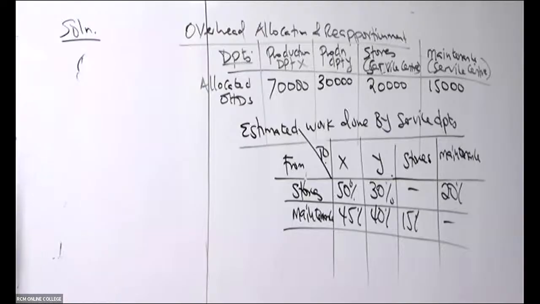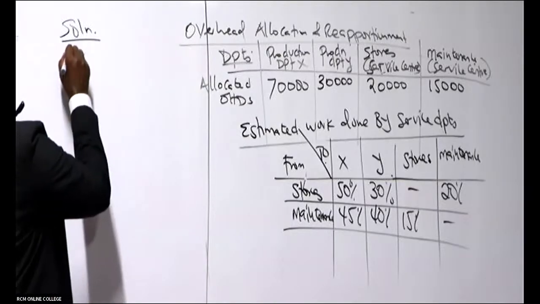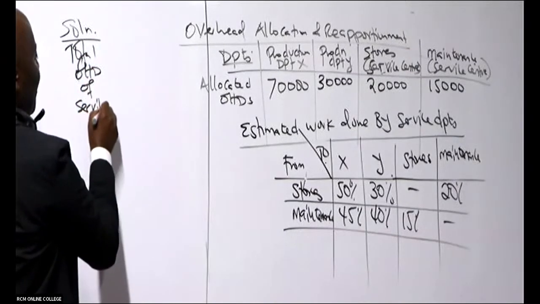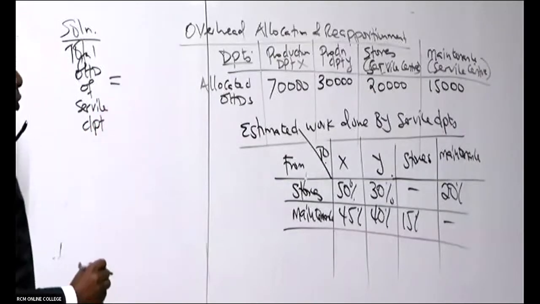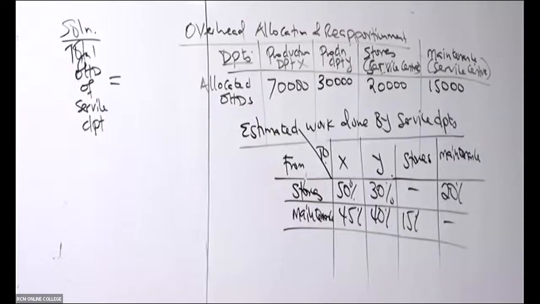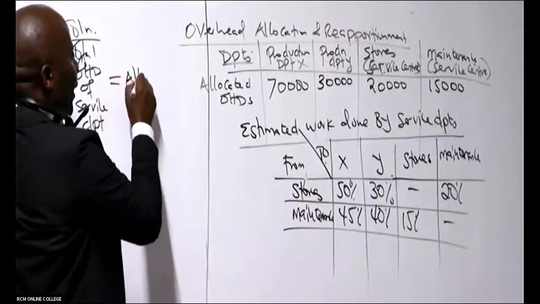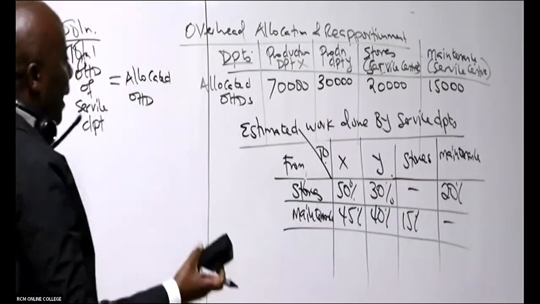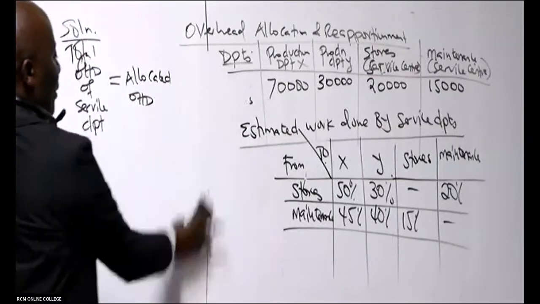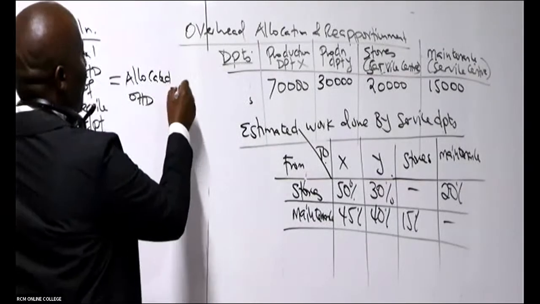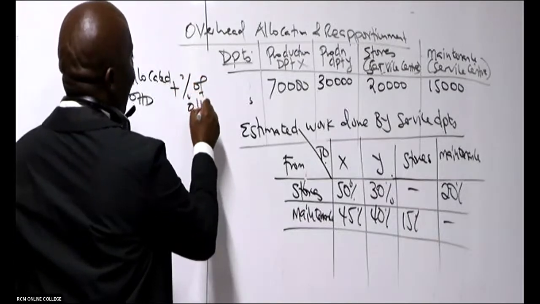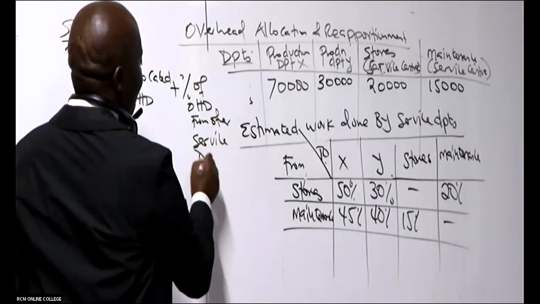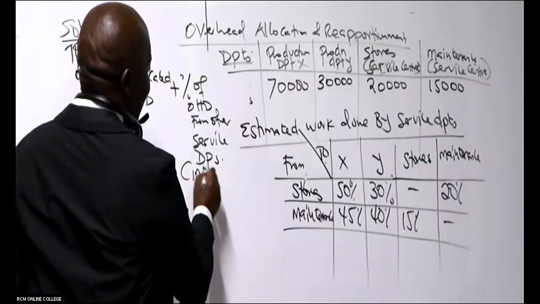Under the algebraic method, you're going to write here: total overhead of a service department will always be equal to allocated overhead plus percentage of overhead from other service departments, what we call inter-services.